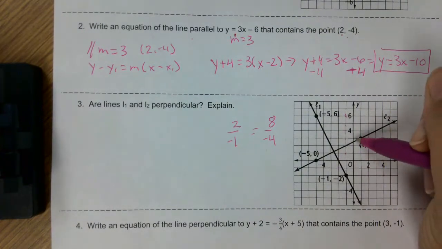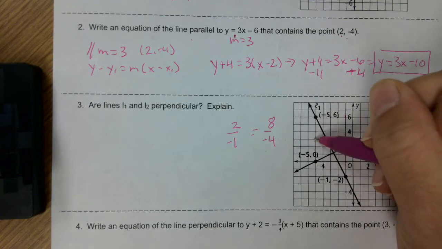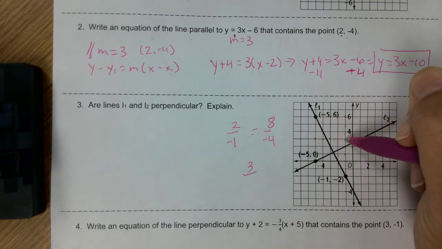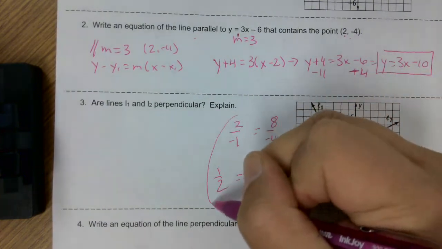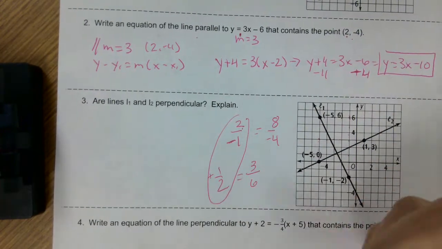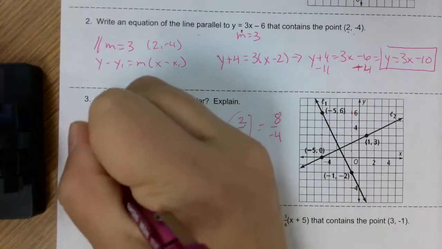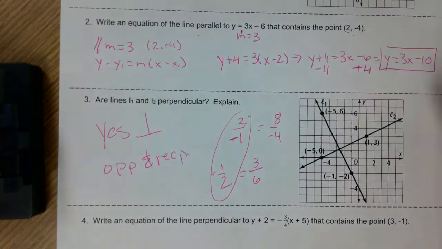So now if I look at my other two, I have a rise of 1, 2, 3, positive 3 over a run of 1, 2, 3, 4, 5, 6. That's the same thing as 1/2. These are opposite. One is negative, one is positive, and the reciprocals, they're flipped. So that means yes, perpendicular, opposite, and reciprocals.